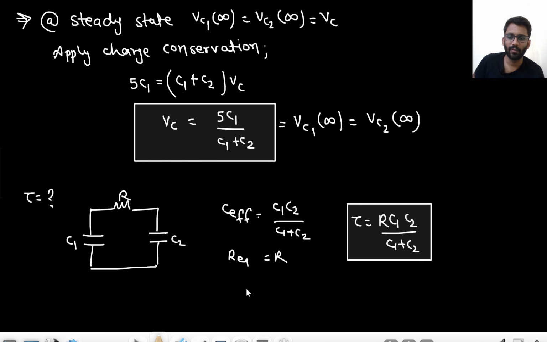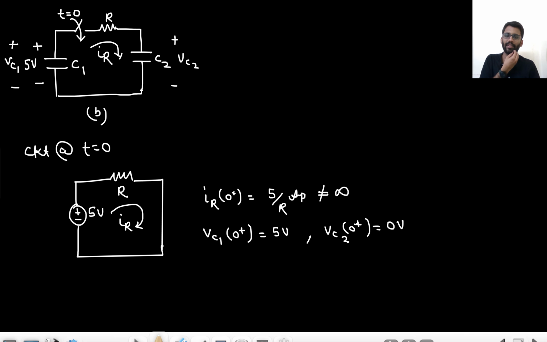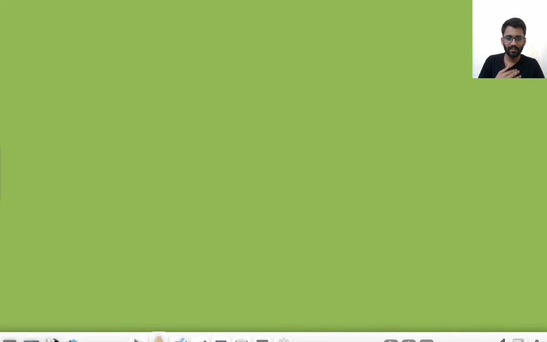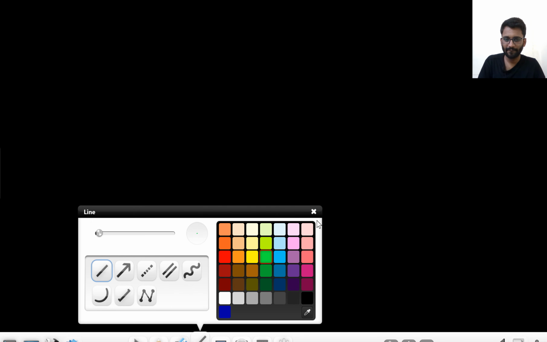And what is the value of IC or IR? IR at t equals to infinity is 0 ampere, right? So it is starting from 5 by R and then going down to 0. So first make the graph of IR.